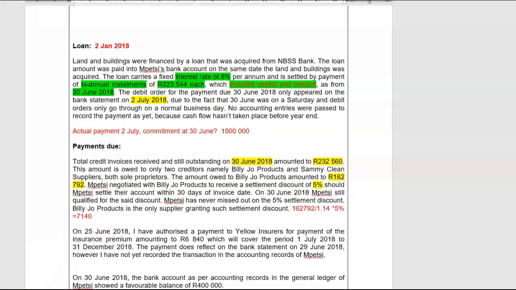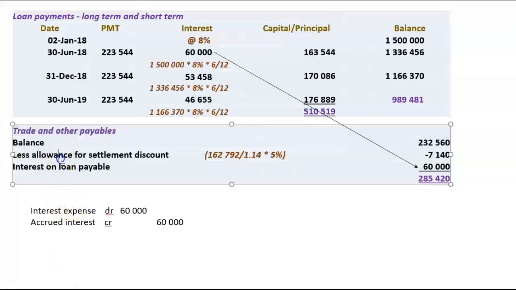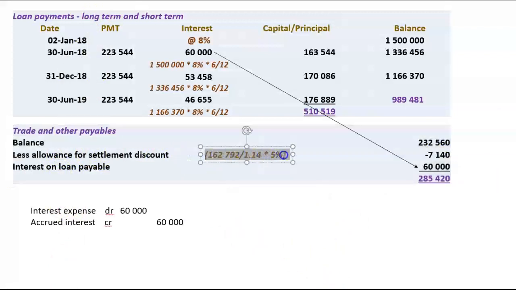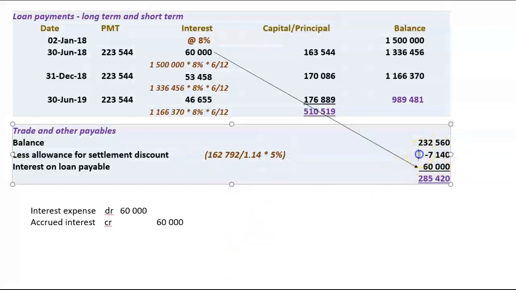So if we go to trade and other payables, you will see here that we have the total balance of 232,560, less allowance for settlement discount, which is the 162,792 divided by 1.14 times 5%, which gives us a total of 7,140.